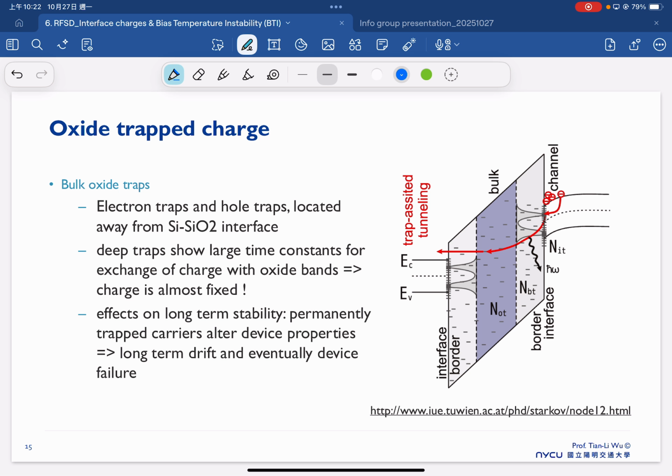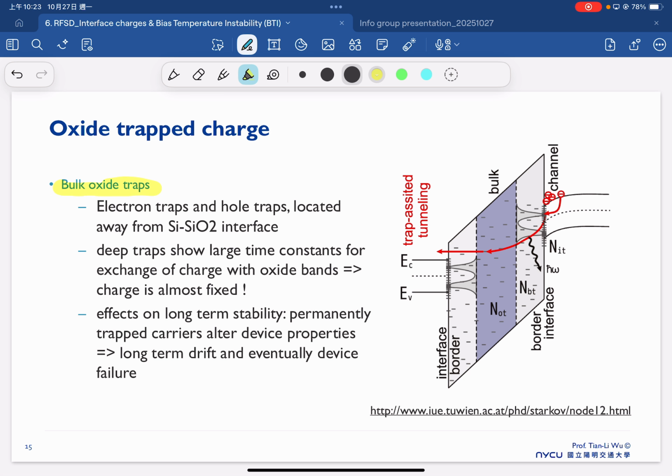And also, the last one is bulk oxide trapping. When we talk about the oxide trapped charge, there's one category that we call bulk oxide traps. The reason the categories are getting more and more complicated is that with time, we cannot always use one kind of defect to explain or understand the reliability.